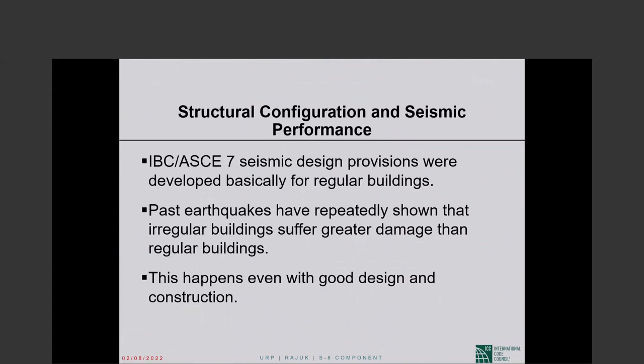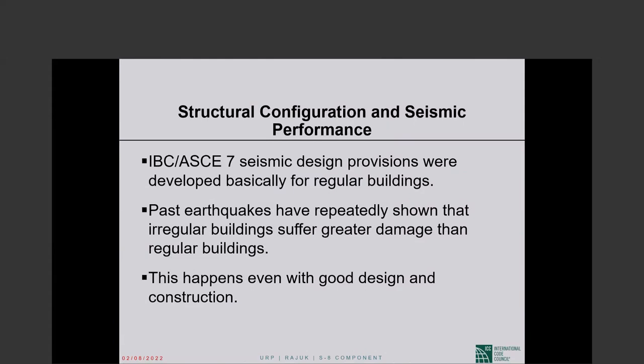ACI 318 seismic design provisions were developed basically for regular buildings. This is something we need to understand. Everything was developed basically for regular buildings. Past earthquakes have repeatedly shown that irregular buildings suffer greater damage, incomparably greater damage sometimes than regular buildings.